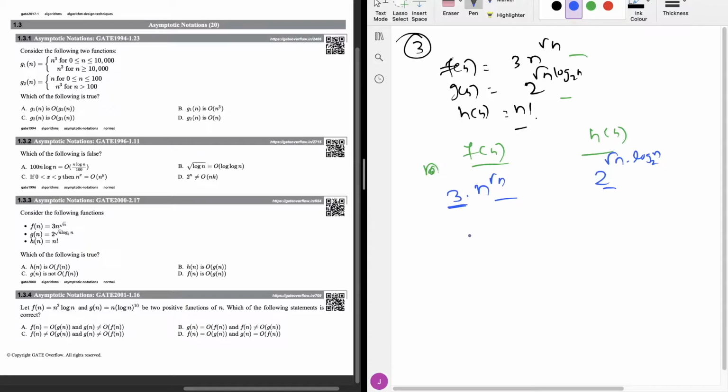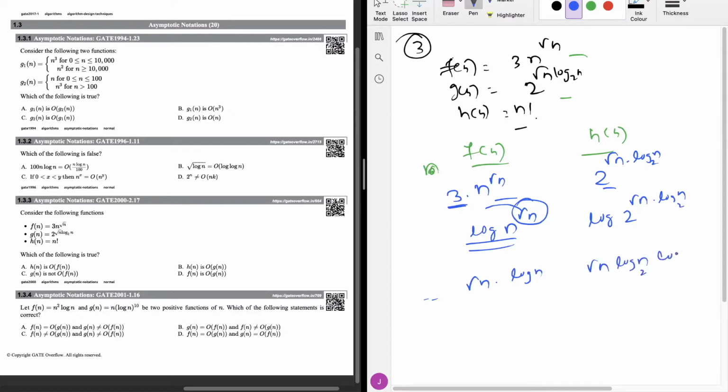So I am applying logarithm on both sides and I am getting log of n power root n, and on this side log of 2 power root n log n base 2, right? So according to the logarithm formula, this exponent can be transferred to the multiplication part. I get root n into log n here, and here I get root n log n base 2, and log 2 will be there.